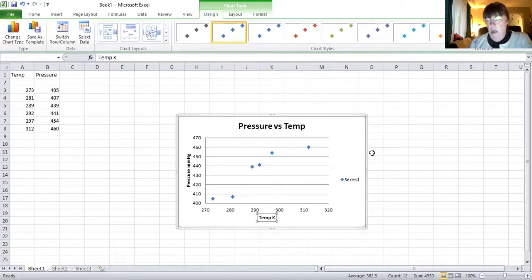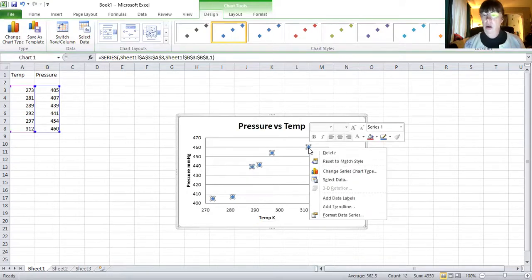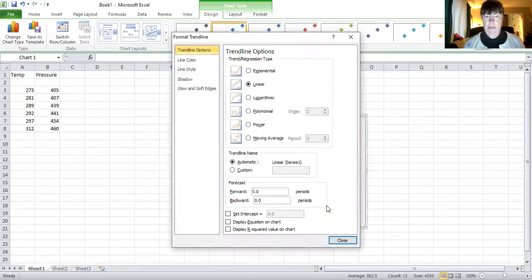Many of the graphs that you do this semester are going to be what they call best fit, also known as linear regression. So I am going to position my cursor on one of the dots. Right hand click your mouse, add trend line.